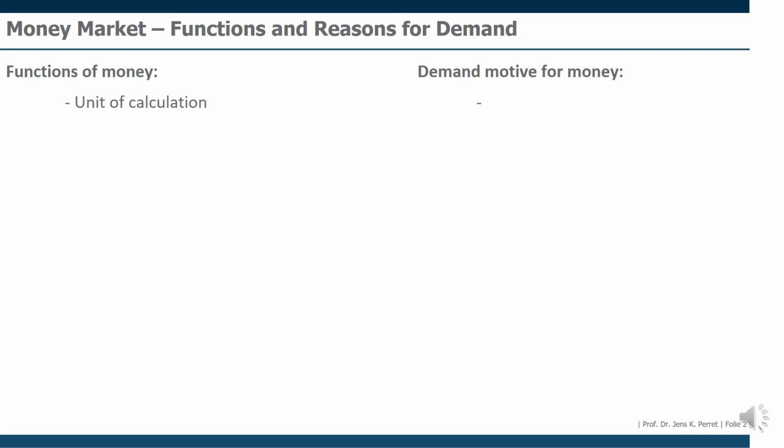So the first function of money is it needs to be able to act as a unit of calculation. Well, we don't need money to actually calculate something. So we don't actually need physical or virtual euros to determine the price of a certain good. So it's not a demand motive, but it's still a very important function.